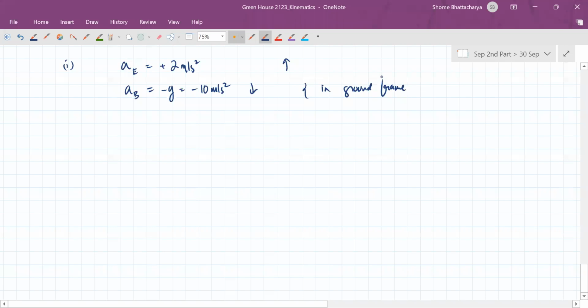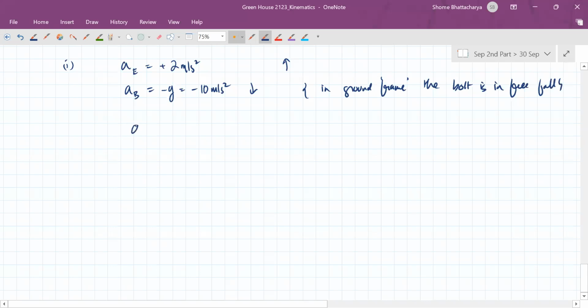So what we can see here is for the first part, if we take a one-dimensional system, the acceleration of the elevator we can write as plus 2 meters per second square because it's upwards. The acceleration of the bolt is minus g or minus 10 meters per second square downwards, because in ground frame, the bolt is in free fall.